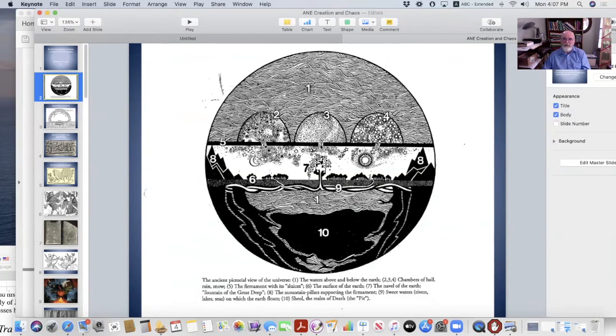This is the dome or bowl of the heavens here. And he also includes what we get in Job chapters 38 and 39, the storehouses of the rain, the snow, and the hail, and these floodgates of the heavens where God allows this precipitation to come down. Within the dome of the heavens, we have the heavens proper, the domain of the sun and moon and stars.